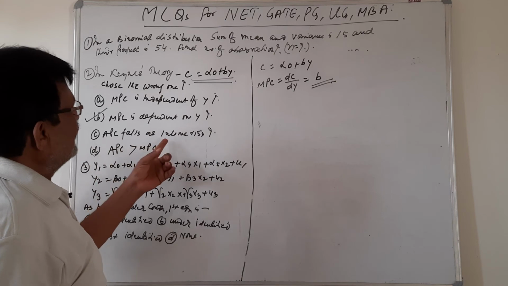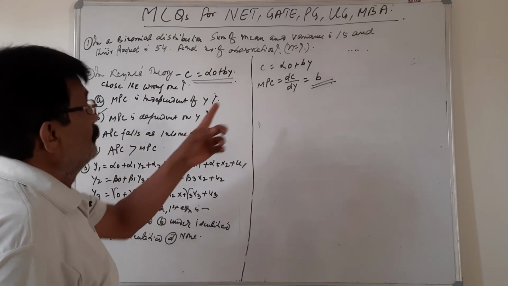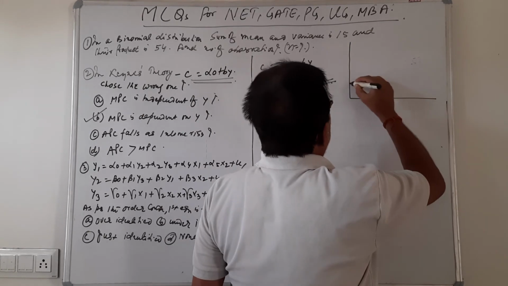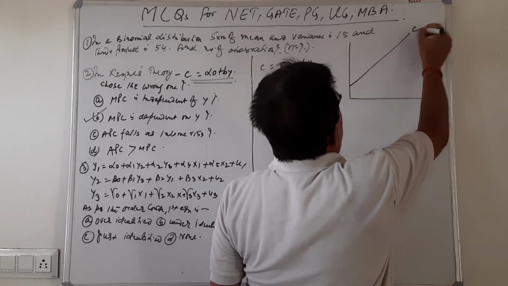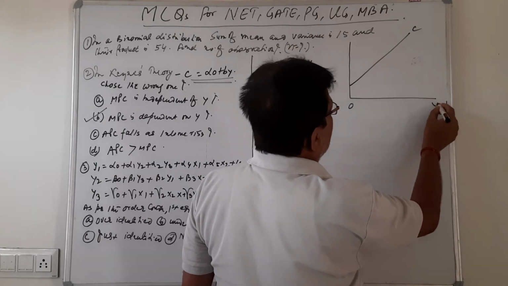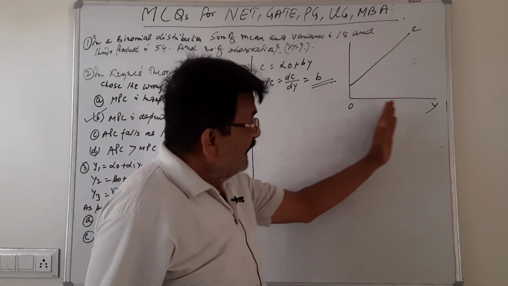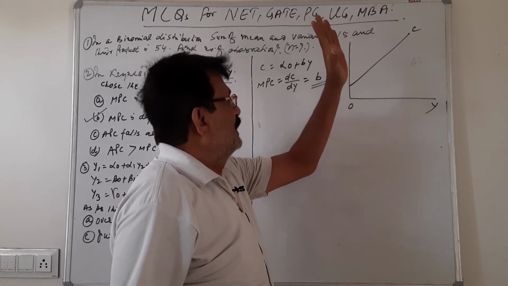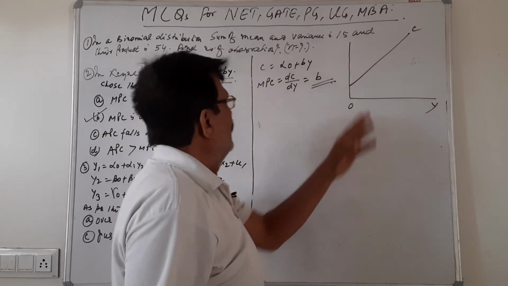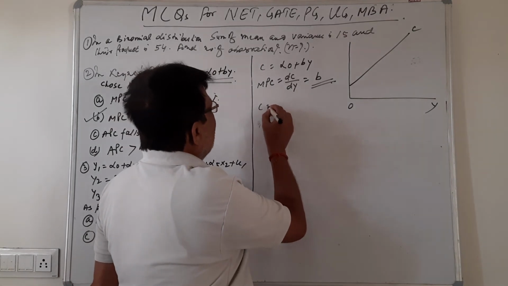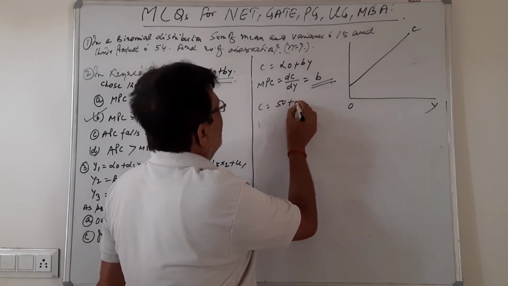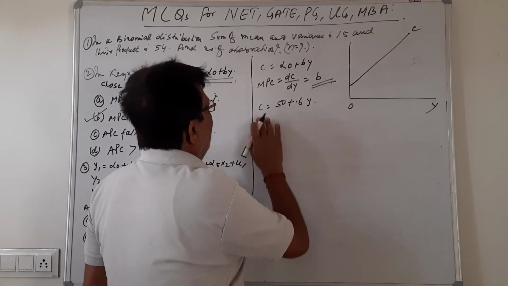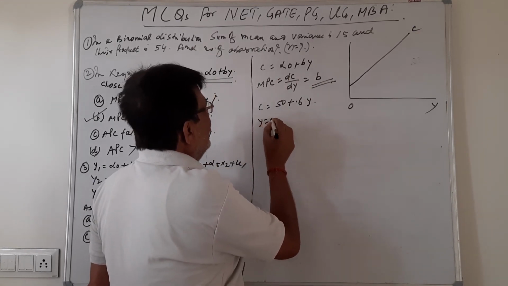APC falls as income rises, yes. In this consumption function, as income is raised, of course MPC remains constant, but APC falls. C is 50 plus 0.6y. Let y is 10.